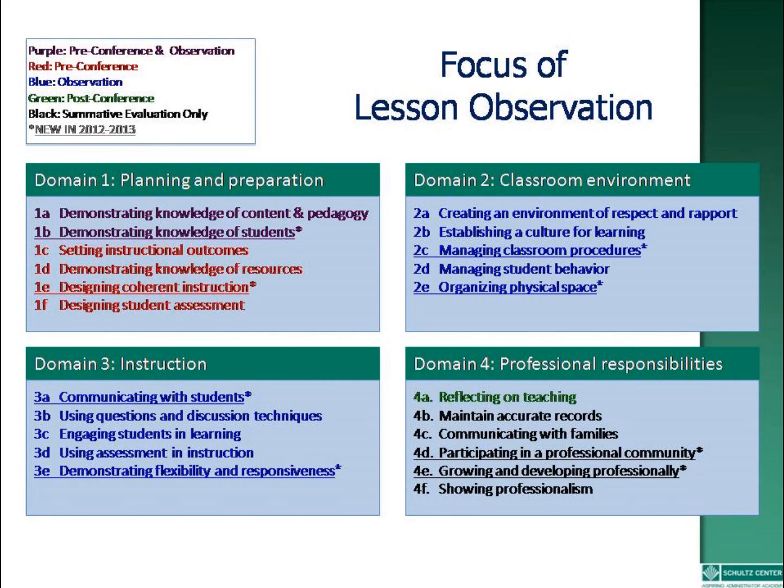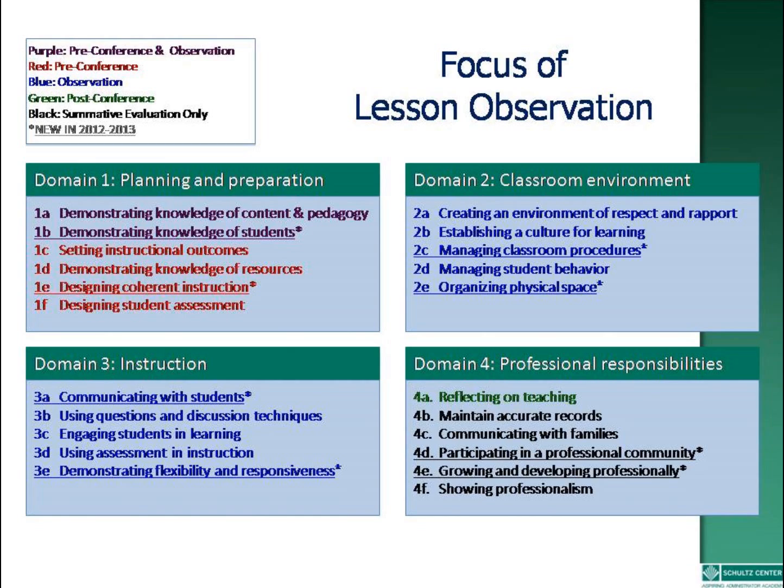it is important to note how the domains and components fit within the observation structures we just went over. You are encouraged to use highlighters and color code your handout if you were not able to print it in color. The components in domains 1, 2, 3, and 4A will be rated following a formal lesson observation.